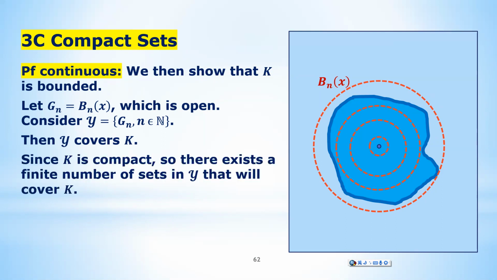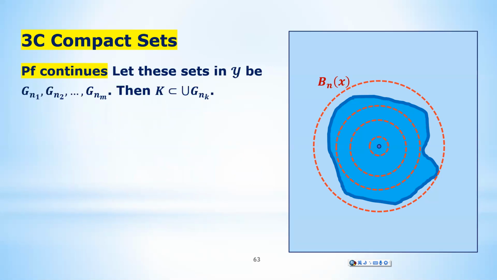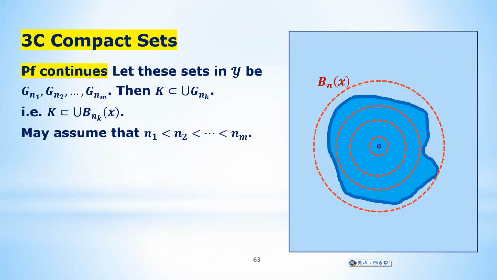Now, since K is compact, there must be a finite number of them that still cover K. So we run the same game. Let's say they are Gn1 up to Gnm. The union of this finite number of sets covers K, so K belongs to the union. We may assume that n1, n2 and so on are in increasing order.